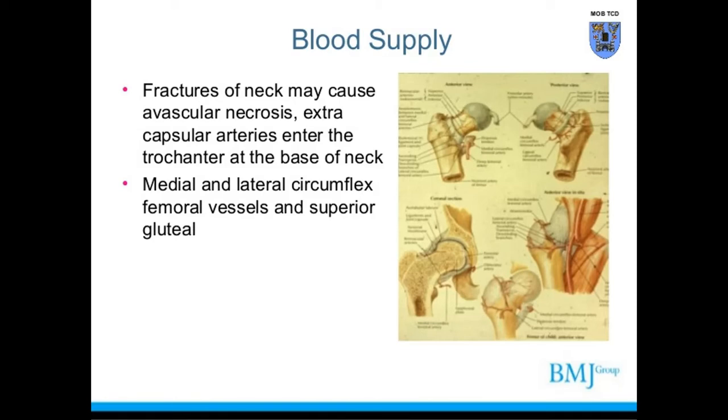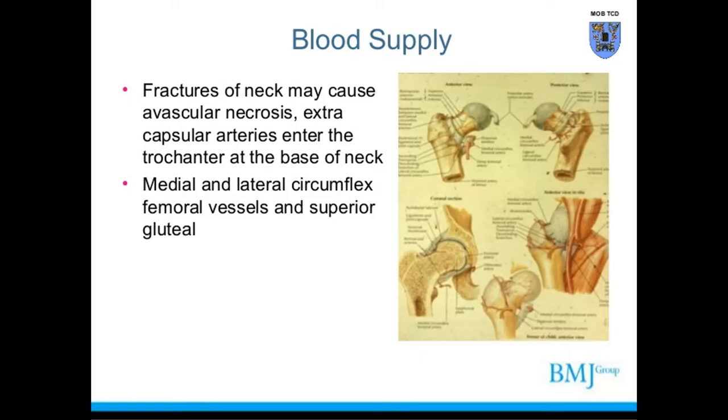These arteries send the branches to the head of the femur, lateral and medial. If at the neck there is fracture, the reticular vessels and other vessels going to the head of femur will be damaged, and ultimately they will cause the avascular necrosis of the head of the femur.